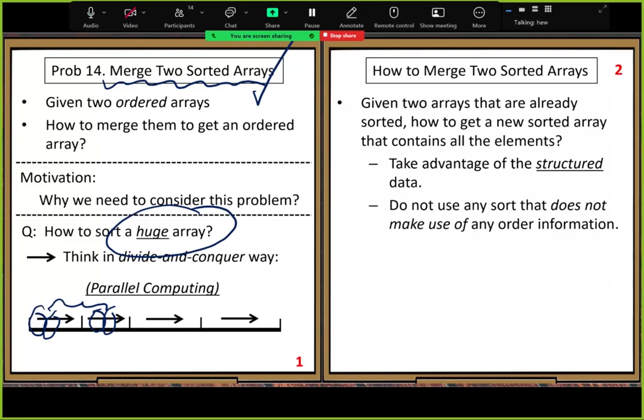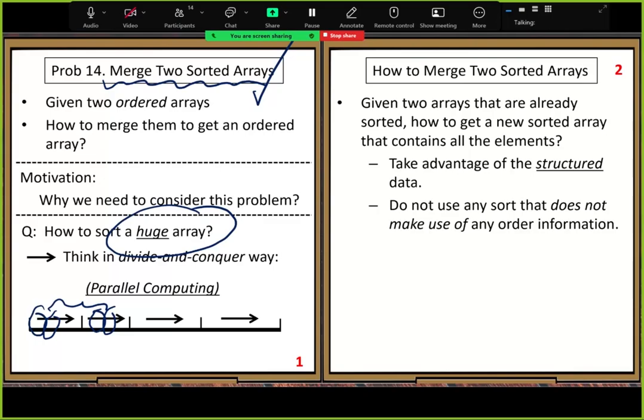Do not use any sort that does not make use of order information. We want to select the sort that can take advantage of the order information. Otherwise, we cannot use it to solve our current problem.